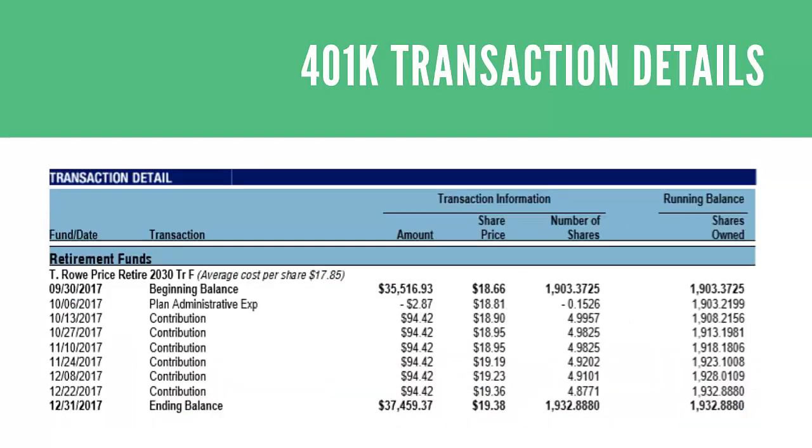Next, we are going to look at 401k transaction details. This section covers the details of 401k transactions that may have occurred during this period on your statement. In this section, we see that famous 2030 target date fund again.